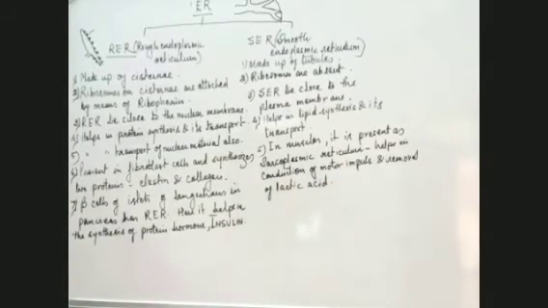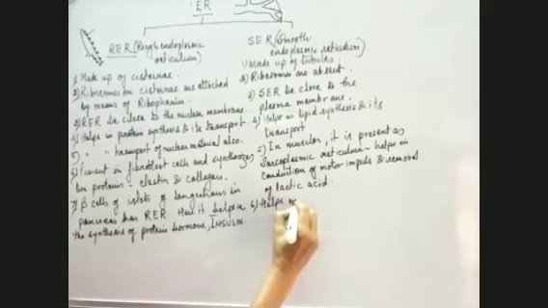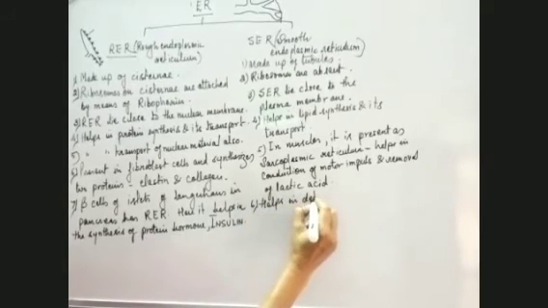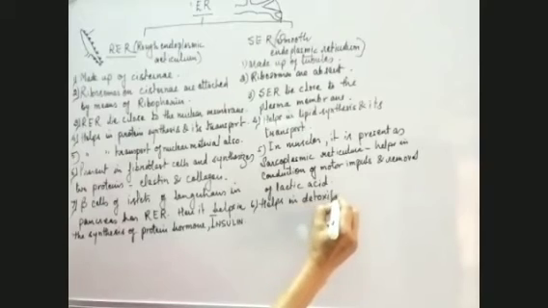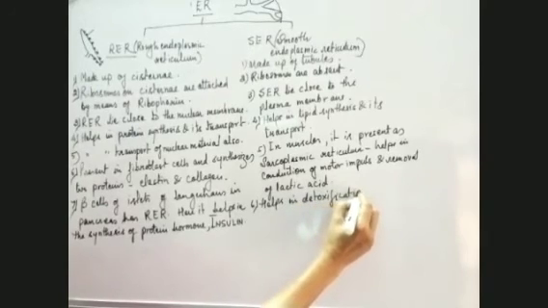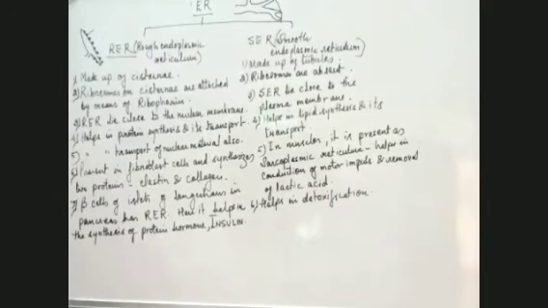So these are the two functions when it is present in the muscles. The next function of SER is that it helps in detoxification, the sixth function. Detoxification is removal of toxic substances from the body.